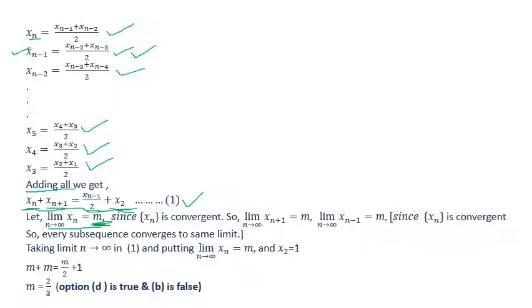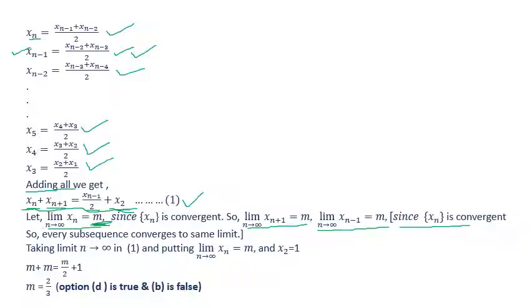So all its subsequences must converge to this same limit m. Therefore the limit as n tends to infinity of xn plus 1 equals m, and also the limit as n tends to infinity of xn minus 1 equals m, right? Since xn is convergent, every subsequence converges to the same limit.